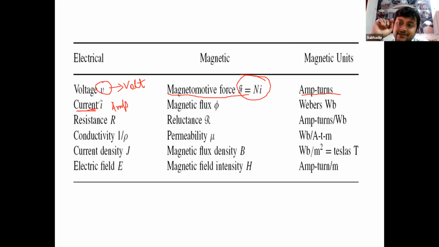In the magnetic circuit, current flows in the conductor, but the magnetic motive force is created, the flux is created, and the flux flows through a particular path. So in the magnetic circuit this is the flux, called magnetic flux, and the unit of magnetic flux is Weber.